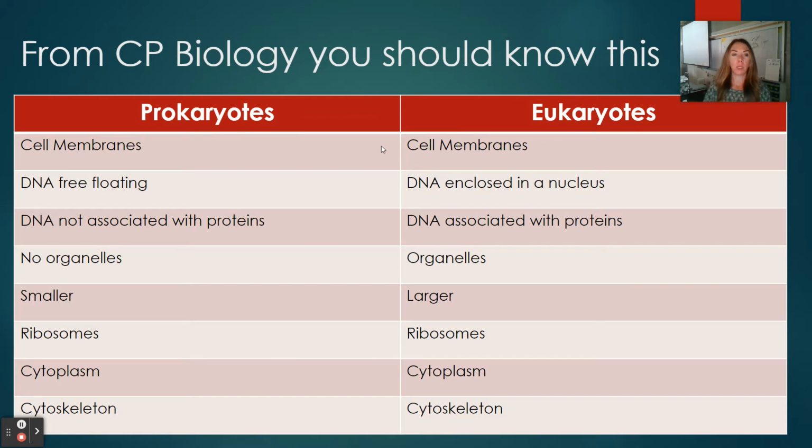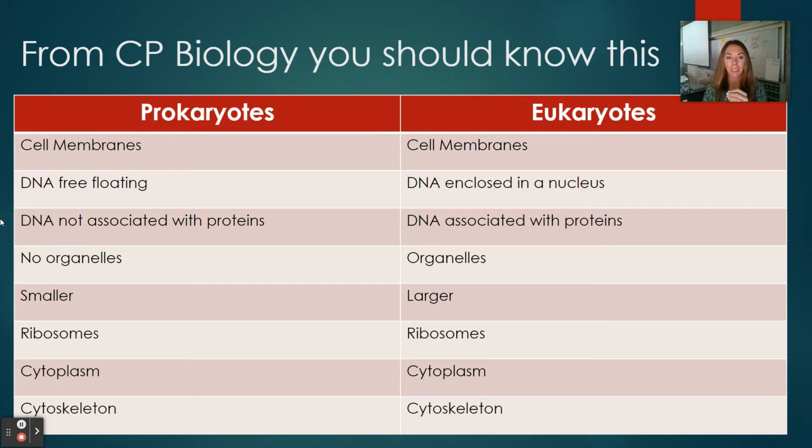But DNA is where we're getting to our differences. So both have cell membranes, but in prokaryotes, DNA just kind of floats through the cytoplasm. It's not contained to a specific area like it is in a eukaryotic. It has a nucleus. It keeps it enclosed in there, and DNA does not come out. We'll learn so much more about that in protein synthesis, okay?